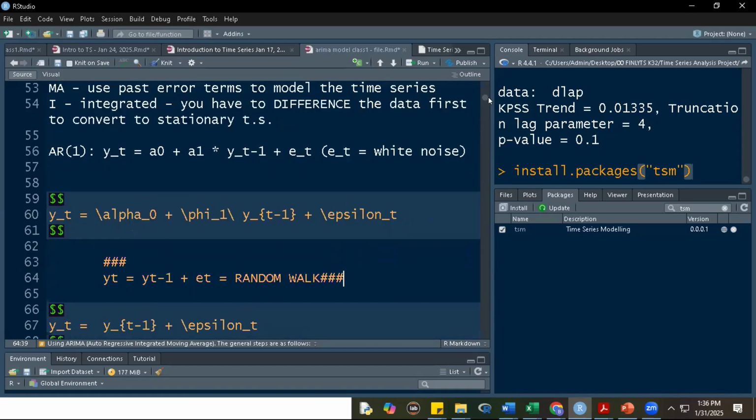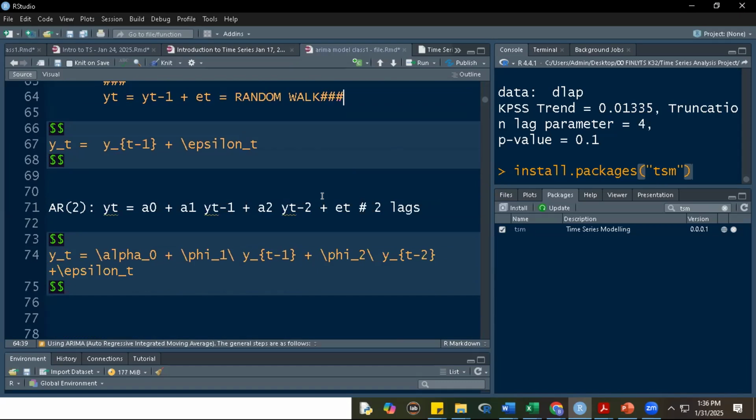To generalize, class, AR2 is just you have the first order of your past values, and then a second order of your past values. That is your phi sub 2. So phi sub 1 and phi sub 2, you have two orders. That's why it's called an AR2 process.